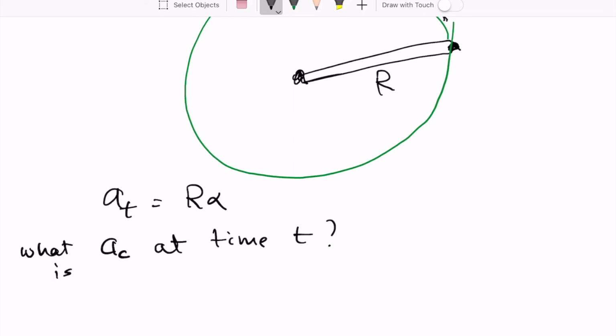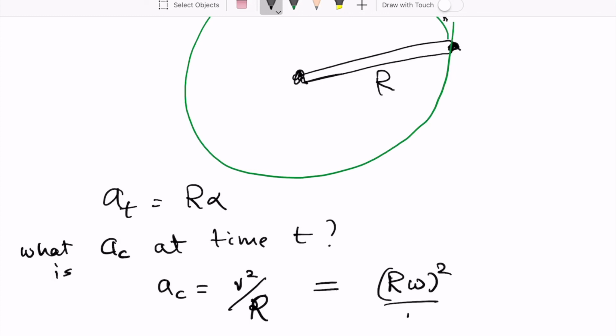The formula for AC, as you know, is v squared divided by r. And v is equal to r omega. It's going to be capital R in this case. And v is going to be r omega, divided by r, right? So that's omega squared times r.